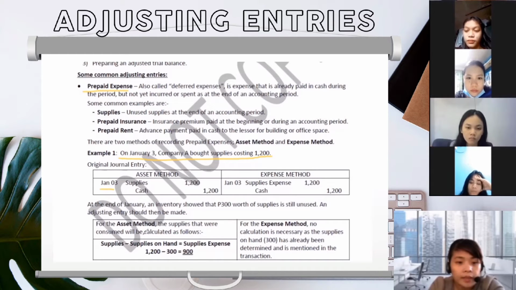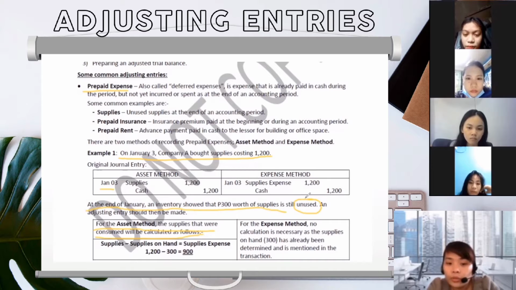So 1,200. You bought supplies. Now, for the asset method, the supplies that were consumed will be calculated as follows: supplies minus supplies on hand equals supplies expense. It says here that at the end of January, they took an inventory, or counted, and it showed that 300 worth of supplies is still unused.